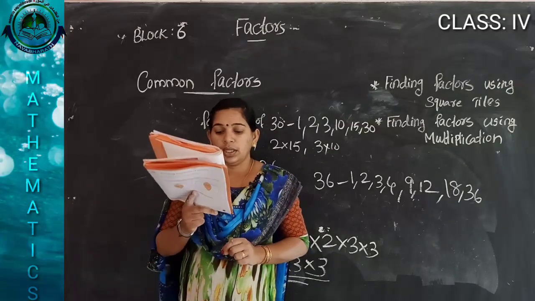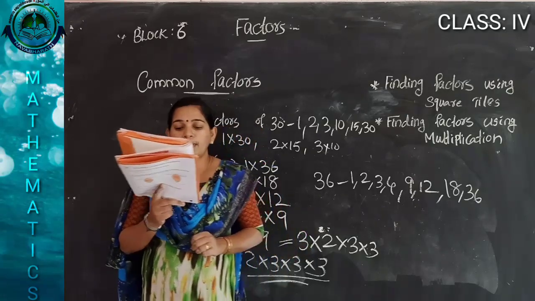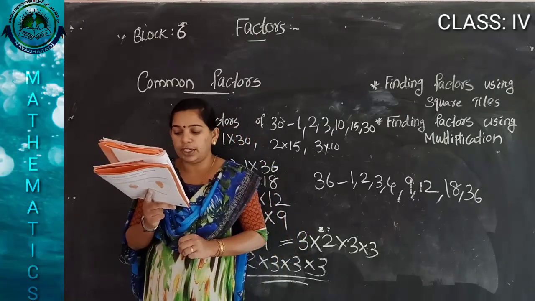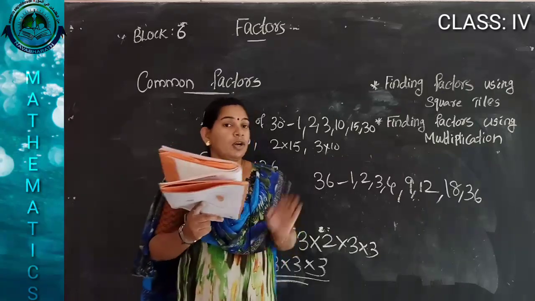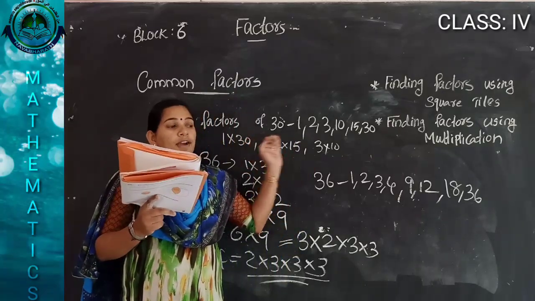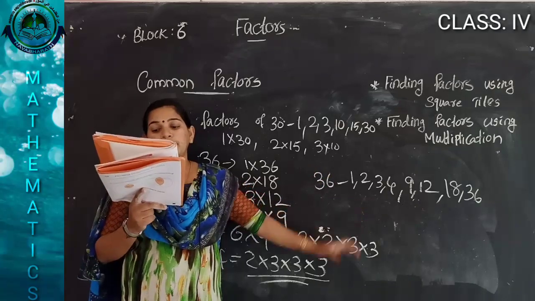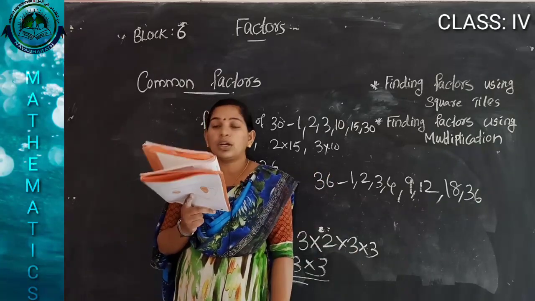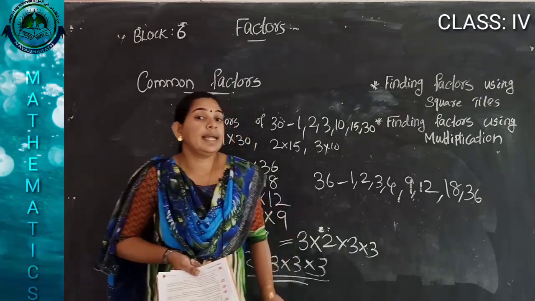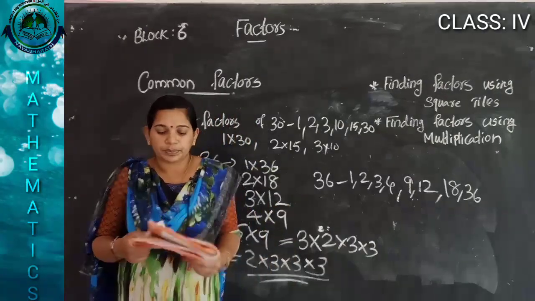Okay. The third question. Write the common factors of 27 and 45. You write all factors of 27, then 45, and find the common factors. Circle the greatest out of all the common factors. You find out the greatest common factor here.